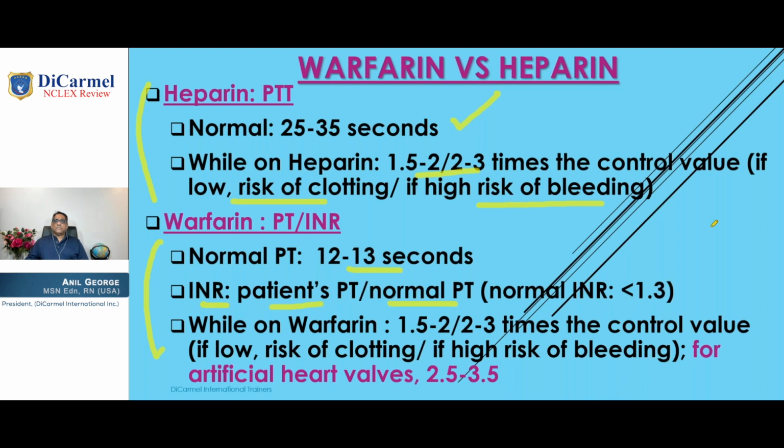In normal cases it should be less than 1.3, but while on warfarin, we expect the number to go high, just like the heparin number. If it's less than that, risk of clotting. If it's high, risk of bleeding. Now, for artificial heart valves, the target could be even higher. Hope you got a better picture of those values right here.